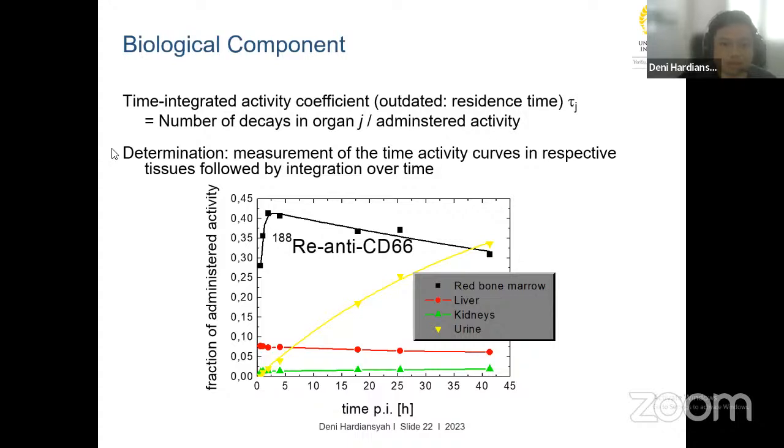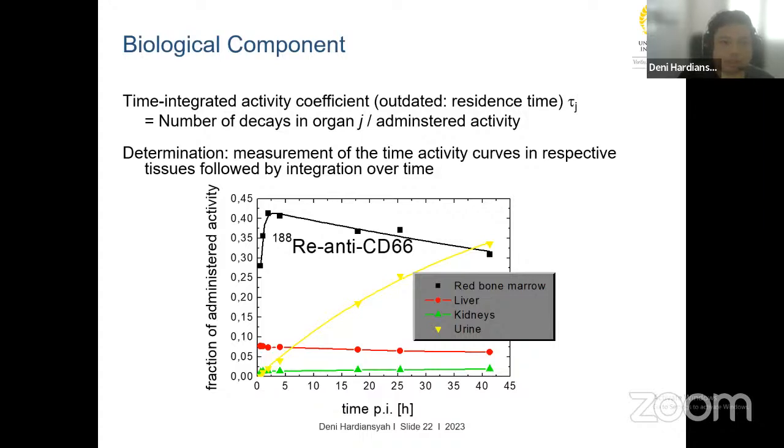So how do we determine it? We need to perform measurement of the time activity curve in the respective tissue, followed by integration over time. That is the reason why the gamma decay percentage is very important, because before we perform the therapy, we need to perform the imaging first.